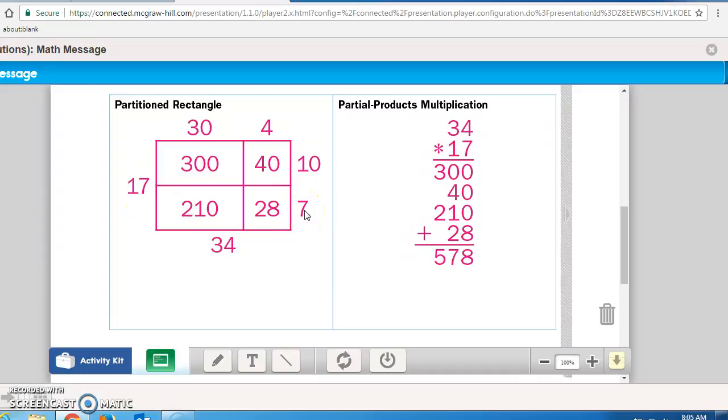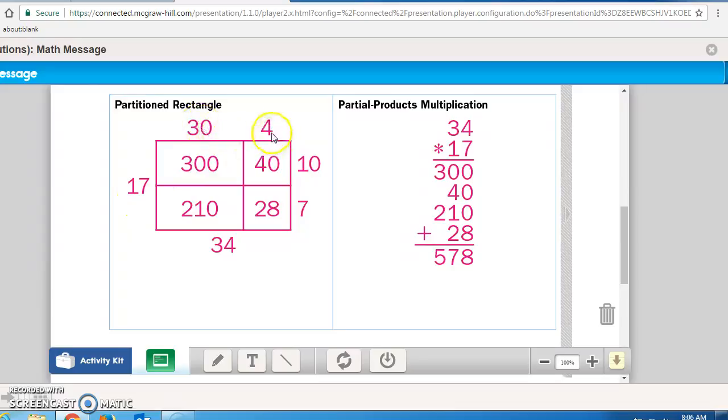And now I multiply. 10 times 30 is 300. And 10 times 4 is 40. Next I do 7 times 30, which is 210. And then I do 7 times 4, which is 28. When I add 10 and 7, that gave my original 17.